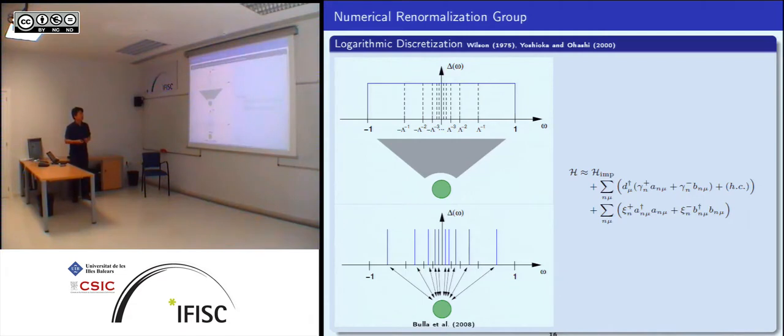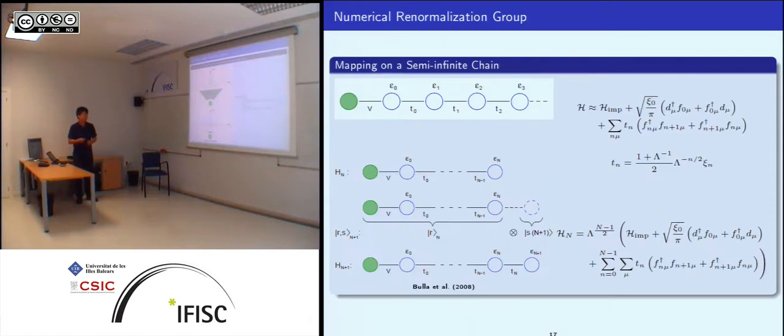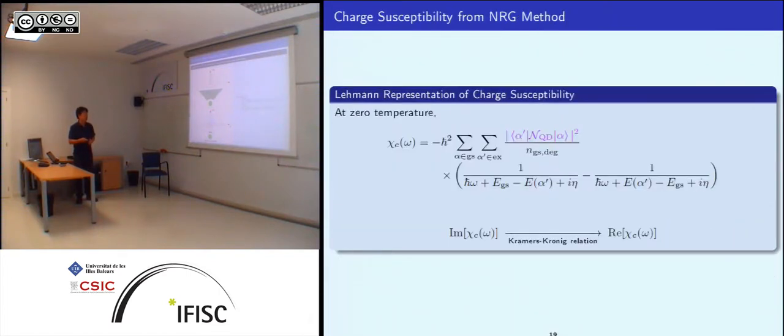And I use the numerical method called the numerical renormalization group. It's a numerical method which implements the idea of the renormalization group, and it is known to work very well for this kind of quantum dot system. But I want to skip the detail of this method. In this calculation, we extract the spectral weights with respect to the charging quantum dot operator.